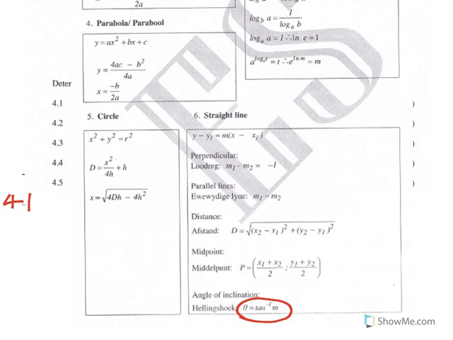Sometimes it's written as tan theta is equal to m. That's another version of that. So if you can use that one, we're going to solve it for the next question.